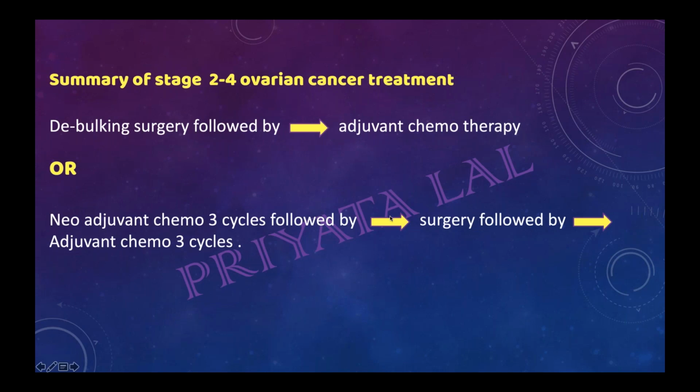This will be followed by interval debulking surgery, which will be followed by the remaining 3 cycles of adjuvant chemotherapy. This is the sum up of the treatment according to stages, because your questions are based in that manner only. So it is important to understand.